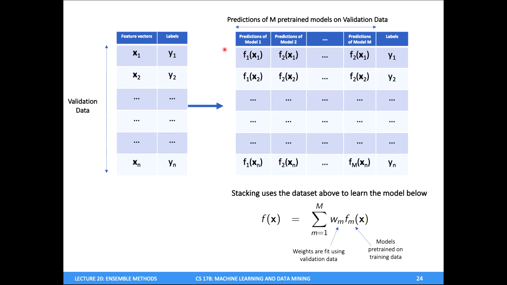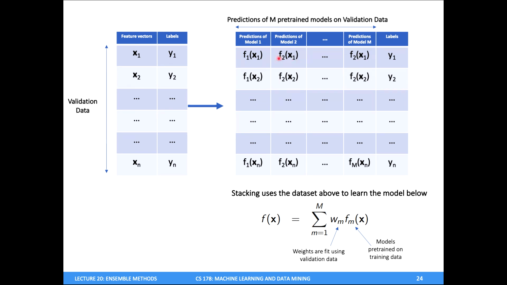But now we can forget about the fact that we had validation at all in the first place. We've just got a big data set here, right? Where each of these columns, the first M columns, is some inputs, and we're trying to predict some labels Y from those inputs. So what we can do is just treat this like a new classification problem, where we take the predicted probabilities coming from our models and feed them into some second level or downstream classifier.